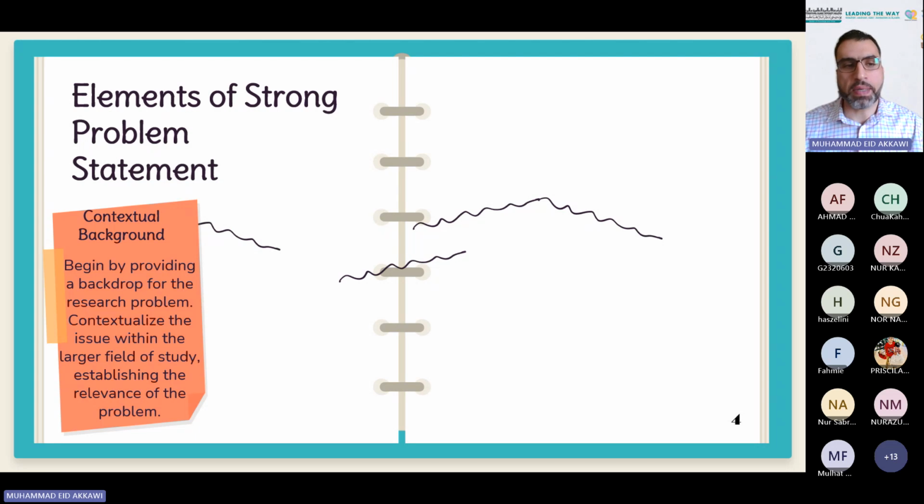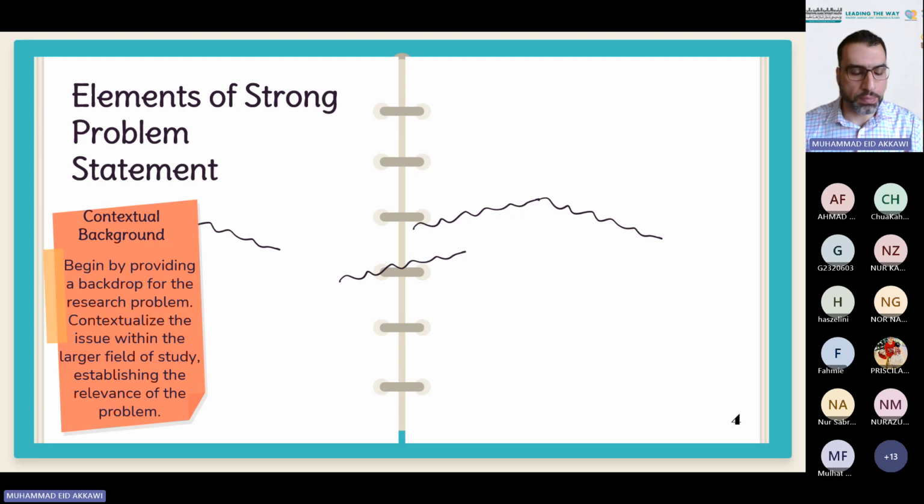As I mentioned at the beginning, you need to provide a contextual background. Let's stick to the same example, about the waiting time to see the doctor. You will provide some statistics, trends, and facts about how the waiting time could affect the patient's perception about the treatment, the healthcare settings, and everything. And you will contextualize the issue within the larger field of study.